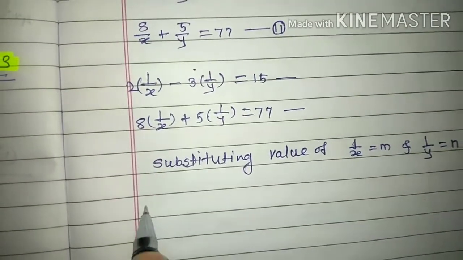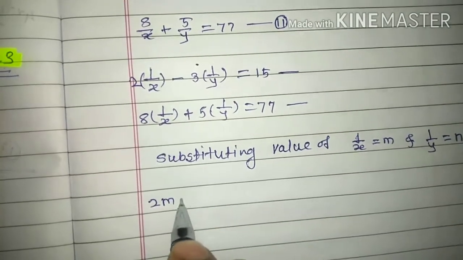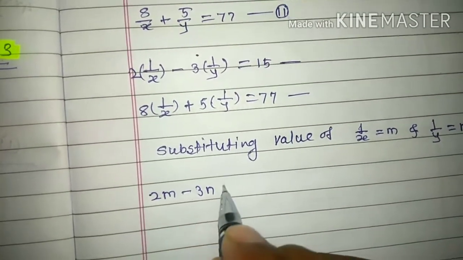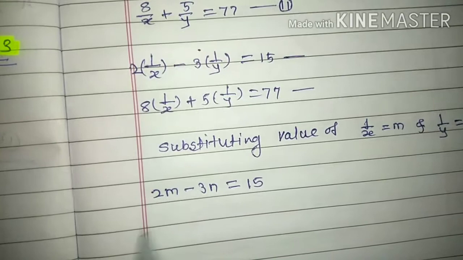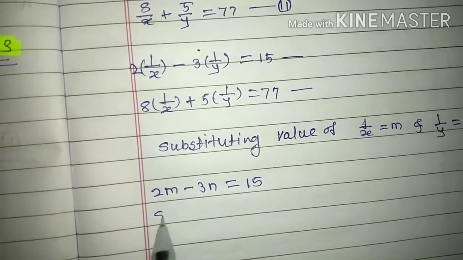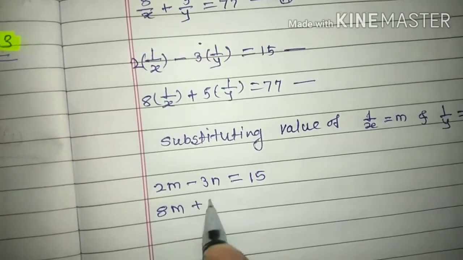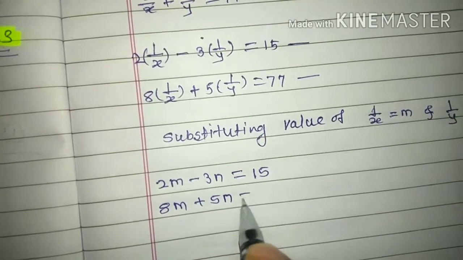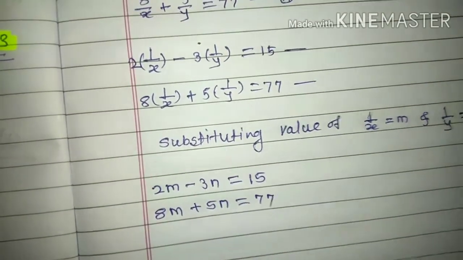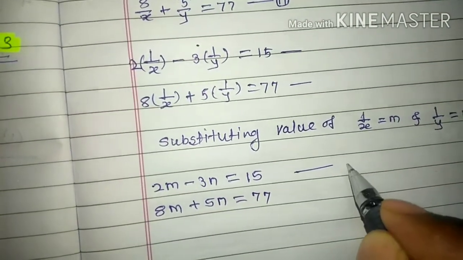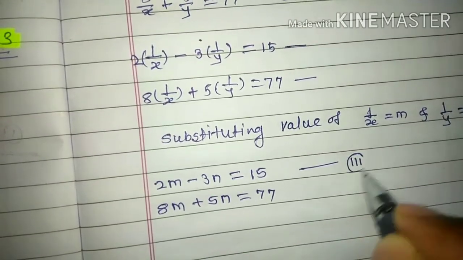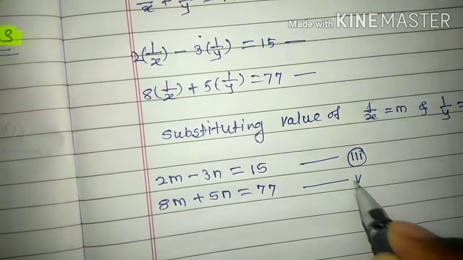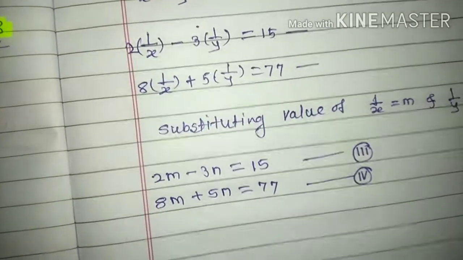Then the new equations are 2m minus 3n is equal to 15 and 8m plus 5n is equal to 77. This is known as equation number 3 and this is equation number 4.